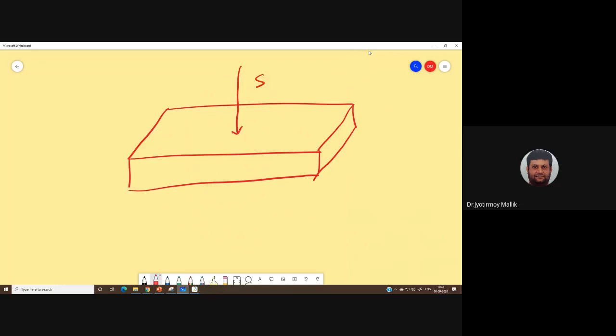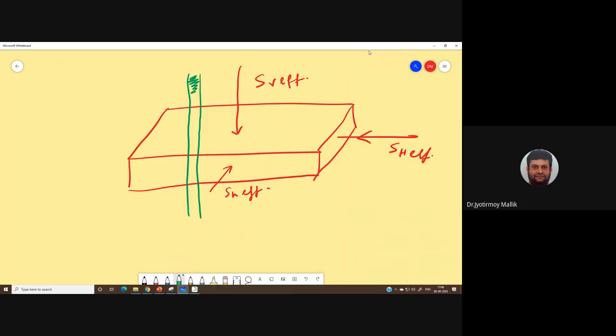This is SV effective, this is S capital H effective, and this is S small h. Now what I essentially do is drill a well through it.